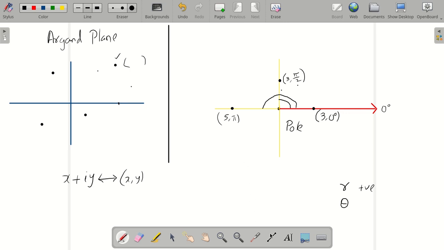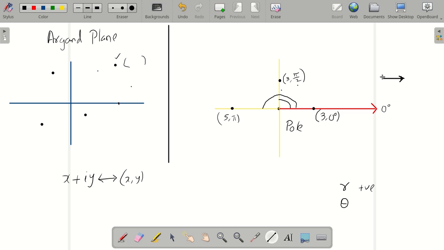I want you to focus on this. So look at this. I have the initial line, and the arrowhead is the positive part. So remember, this arrow is the positive part.